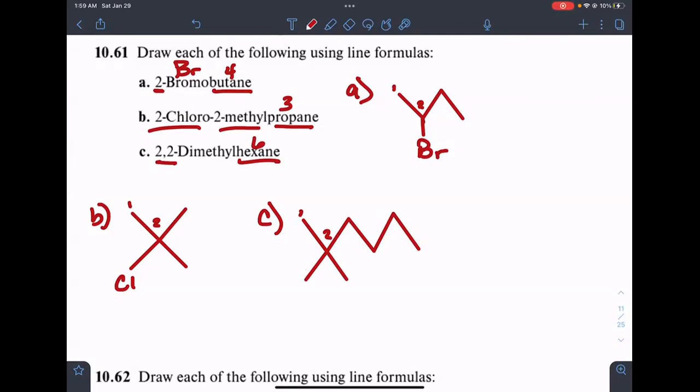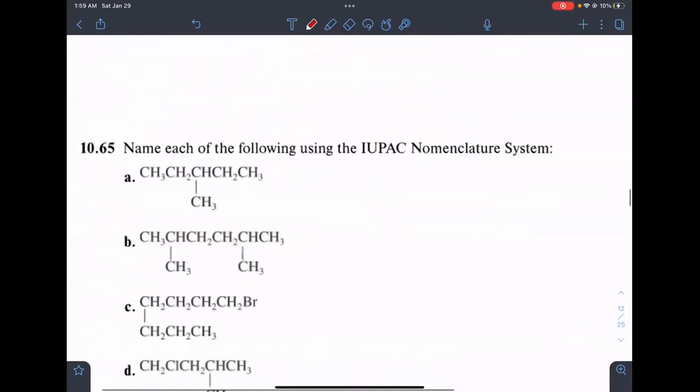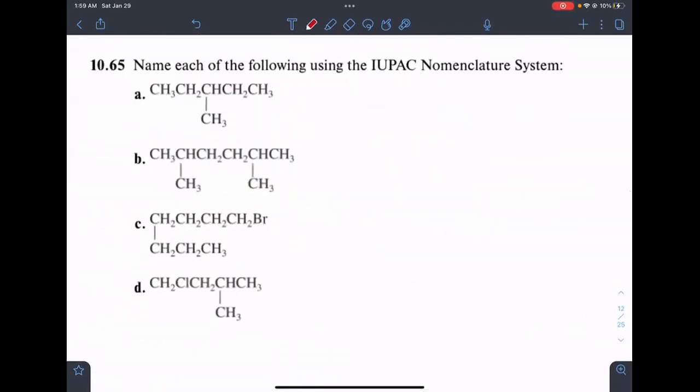Okay, let's see. And then I wanted to do, let's see here. So sometimes you're going to get them in different formats, right? As more structural formulas. So my suggestion is you can either name it as it is, or you can draw the line diagram and then name it.